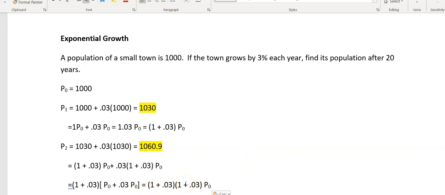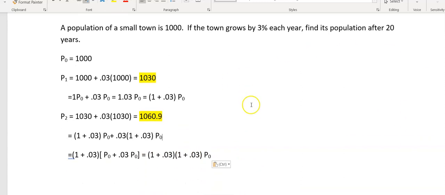Let's do this one more time just so we can see the trend. And it's okay if you're having trouble understanding this procedure. I do want to show you where this formula is coming from, but I think you can see the trend from here.